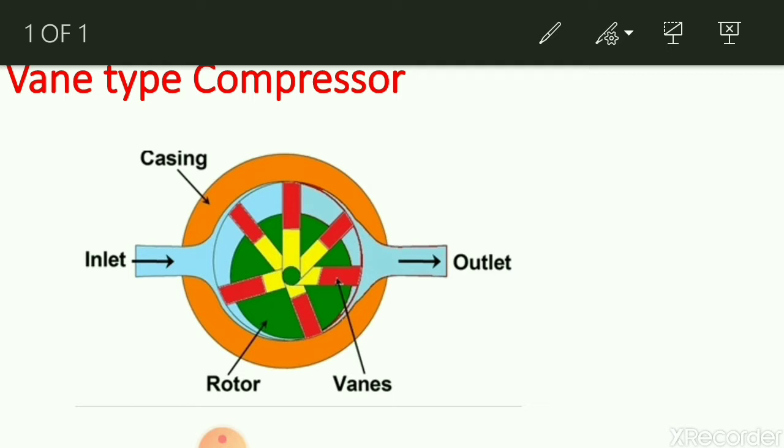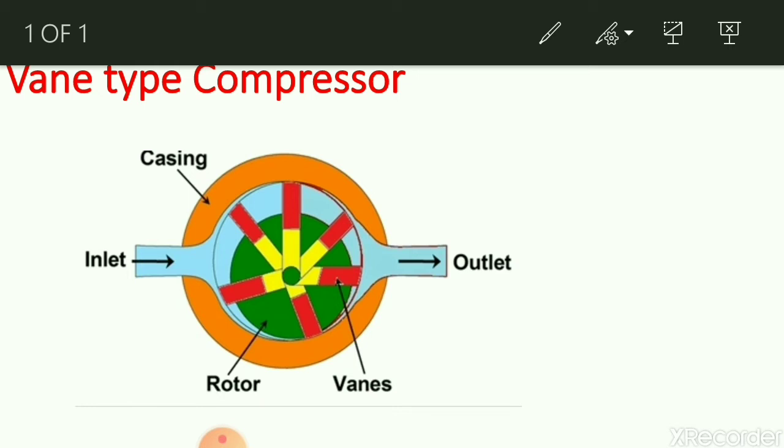It is increased due to the very small volume which is attained in between the two vanes. And so the effect of that is that the compression is carried out, and the high pressure air is then delivered to the receiver.